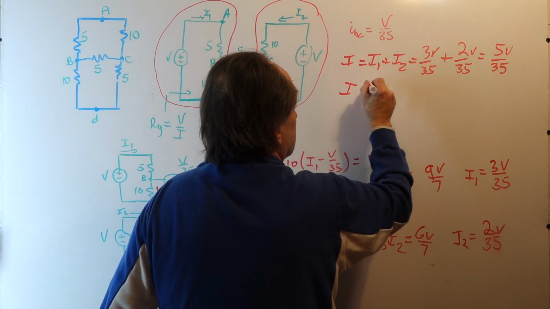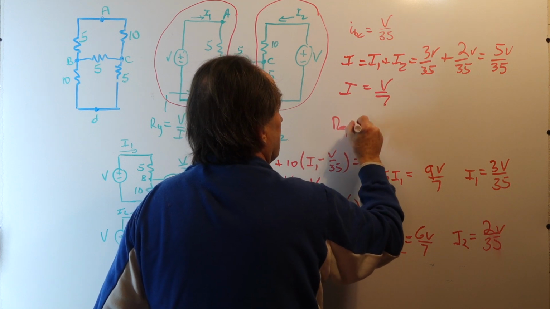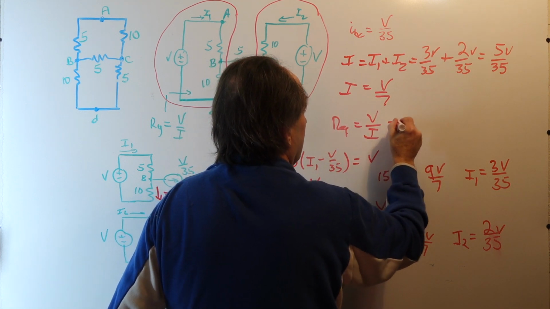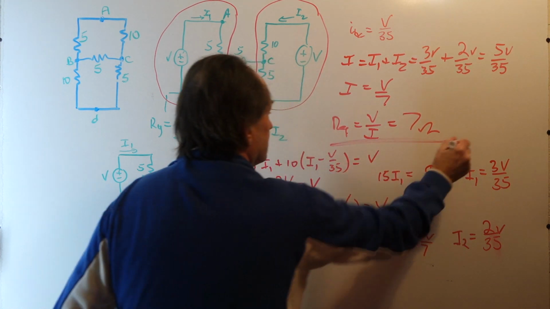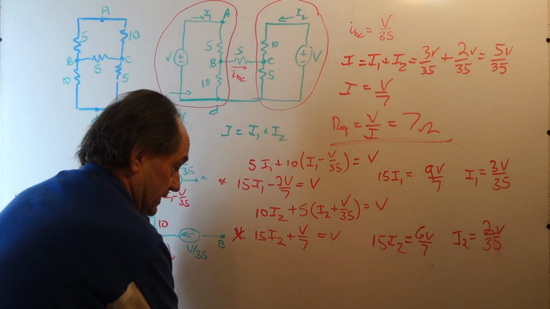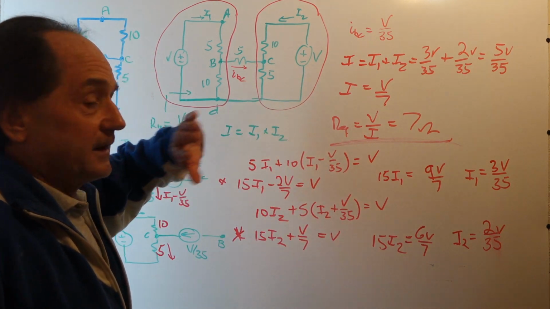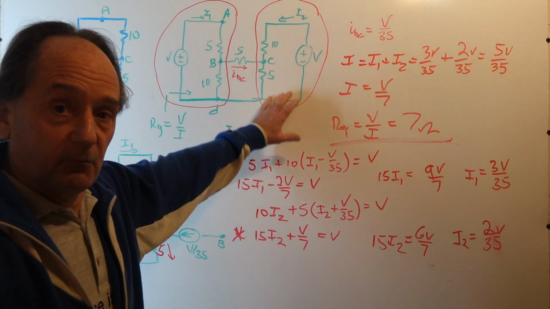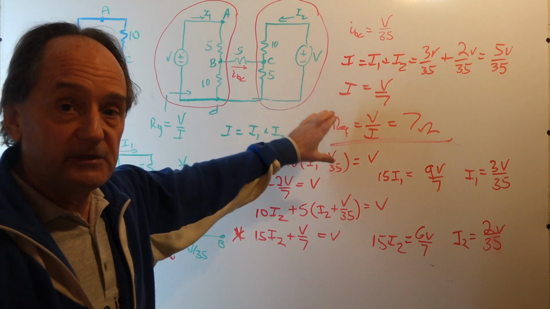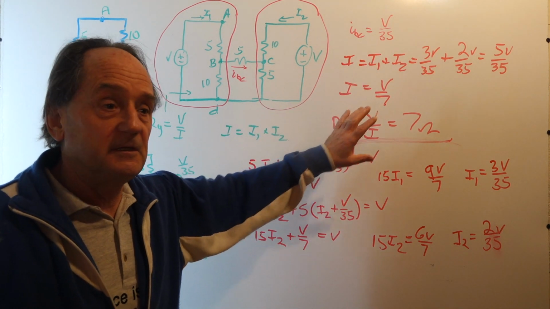Or I is equal to V over 7. Our equivalent is V over I, which is again 7 ohms. So we get the same value as we should. It doesn't matter what path you take. We're guaranteed, if you play by the rules, you'll always get the same answer. All roads lead to Rome.